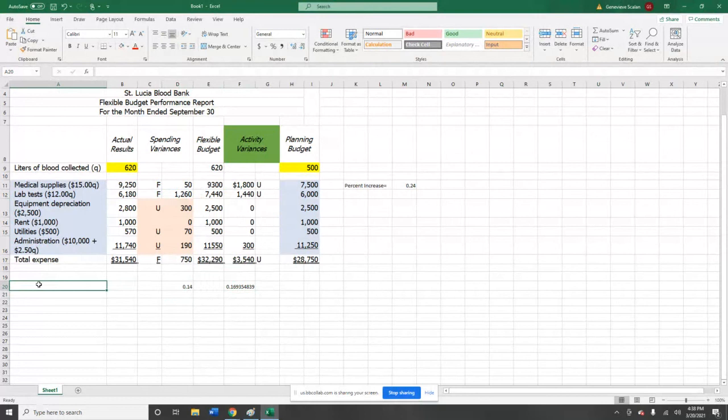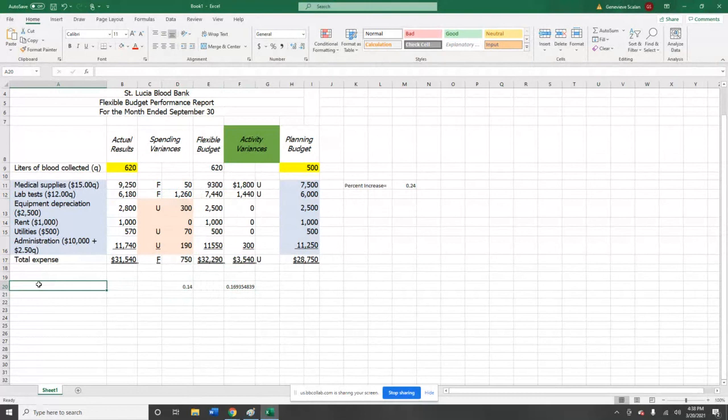But it's a favorable variance, right? So I might be concerned because I don't understand what's going on. Lab tests cost $12 each. We did 620. They should have cost 7,440.